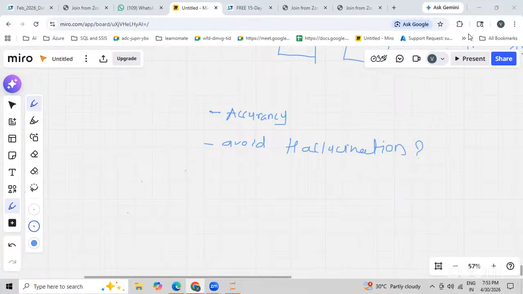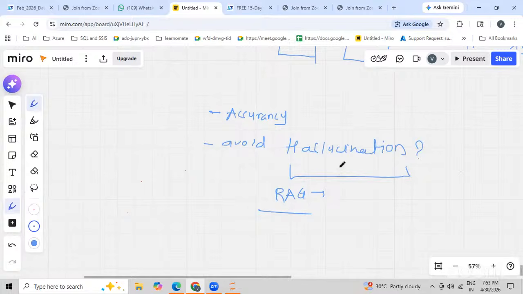Still, the LLM is very confident and says this is the answer, but actually that is the wrong answer, and that is a hallucination. If your LLM does not provide the proper answer and provides irrelevant information about your prompt, that is a hallucination. So by using RAG, we can avoid hallucination.